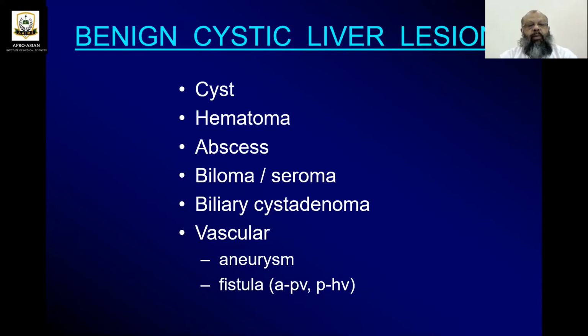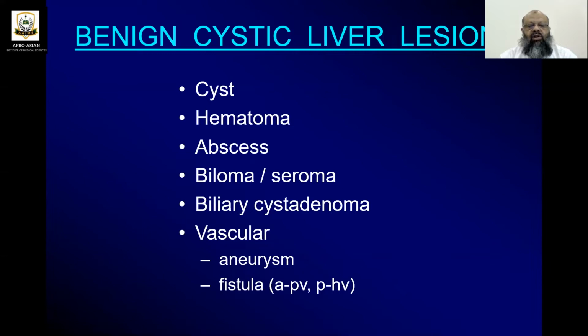The abscess can be pyogenic or amoebic or hydatid cyst. Biloma, in which there is a cystic lesion having bile in it, which is the accumulation of bile. Then is seroma, in which we can have some blood.